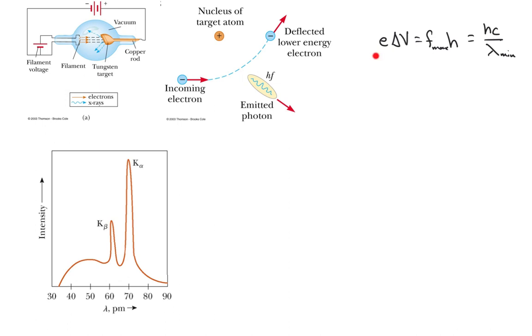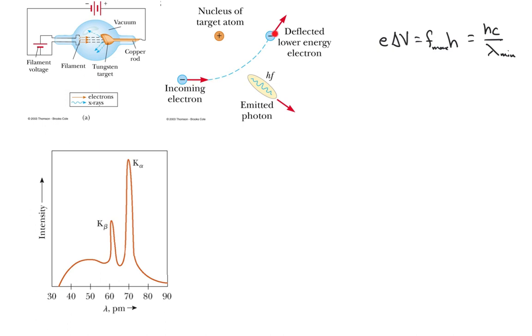And again, this is the maximum frequency, or the minimum wavelength, emitted if the electron is completely stopped. It loses all of its kinetic energy in one collision. But obviously, that's not always the case.